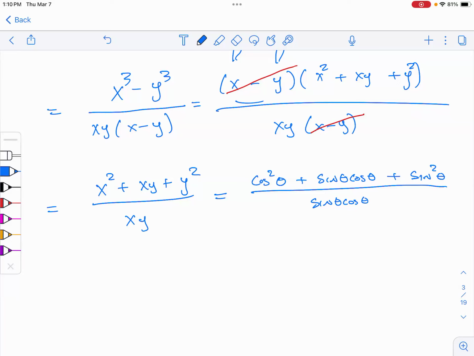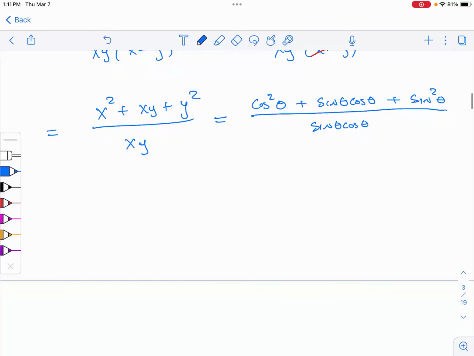I see something here. What do we see? I see the fundamental identity, which means I could turn this into 1. But remember what we're trying to get to, 1 plus tangent plus cotangent. All right. So actually, I don't think I want to do that because of exactly where I want to go.